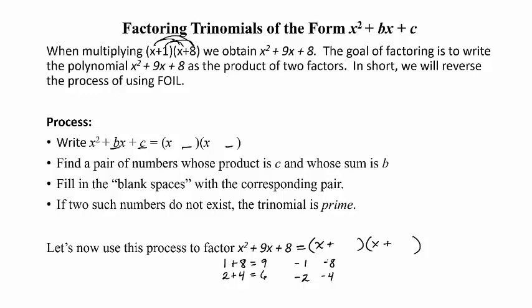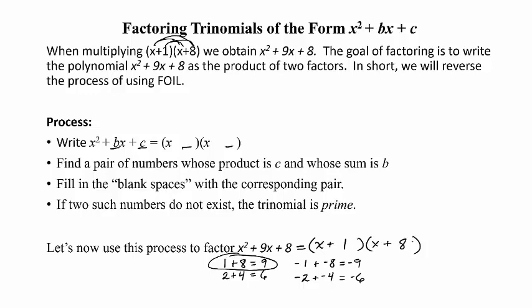Negative 1 minus 8 is negative 9, and negative 2 minus 4 is negative 6. Which one do we want? This is our winner. So with 1 and 8, we would have x plus 1 times x plus 8.